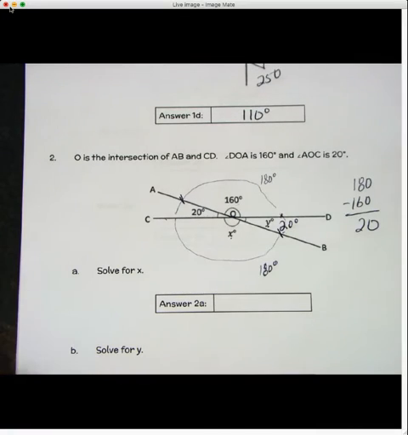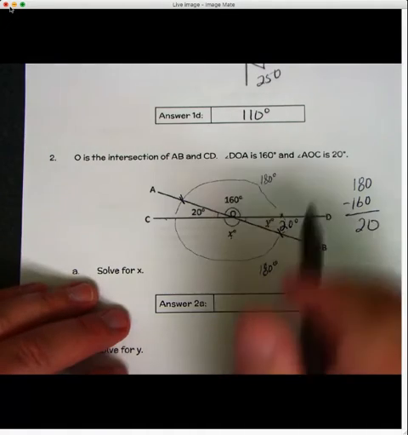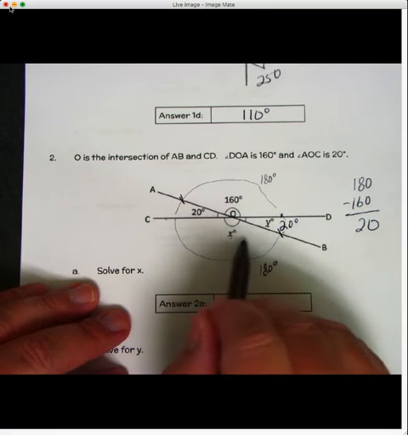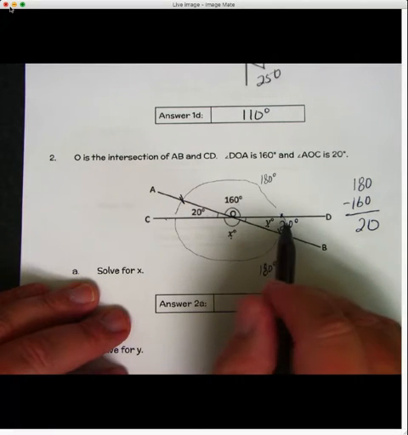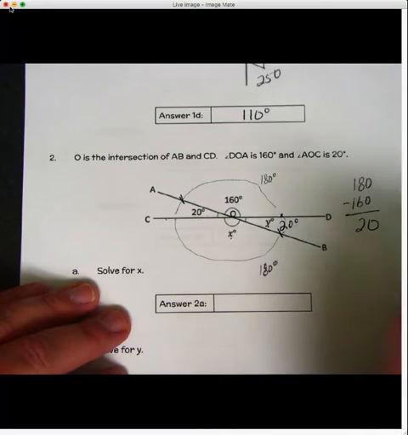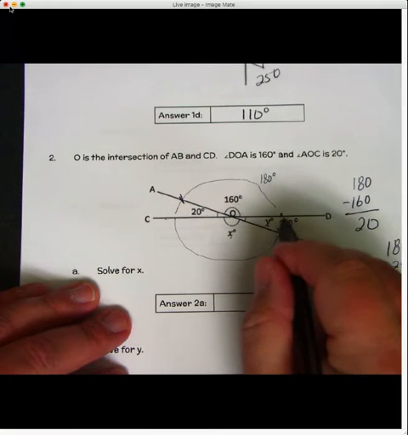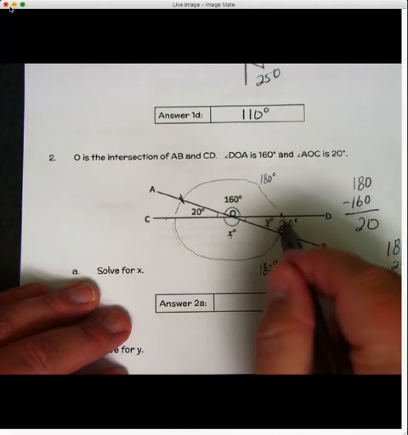Now, how do you want to go from here? We can do one of two things. Well, if we know this is 20 degrees, then we know that angle X plus angle Y have to equal 180. So we can do 180 minus 20 degrees. So we're trying to figure out all the way from here. We know this much is 20.